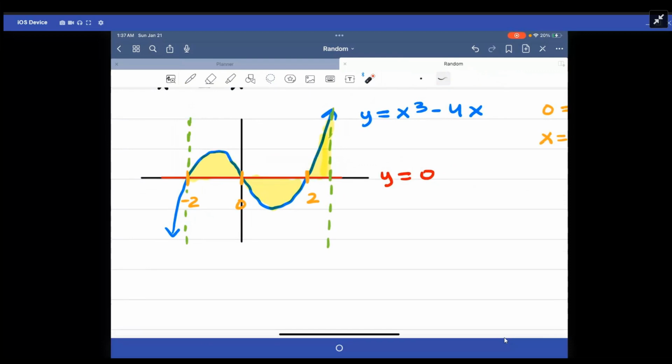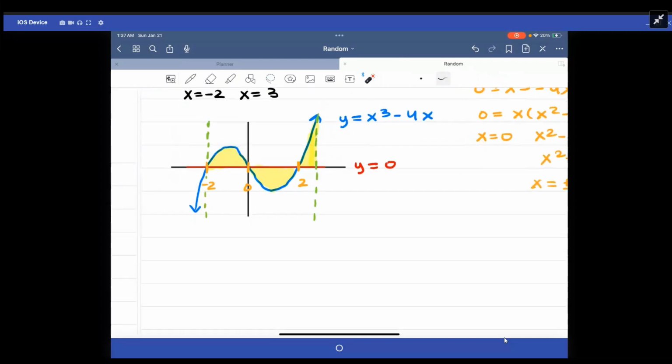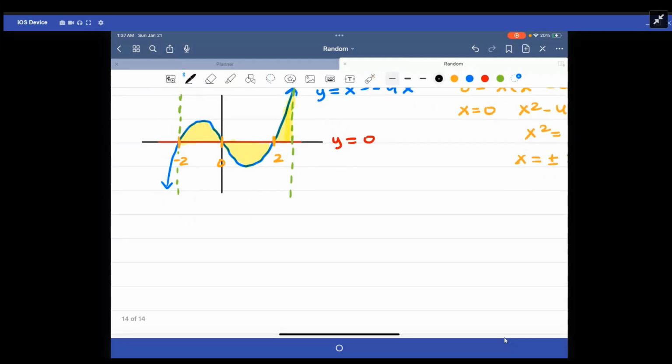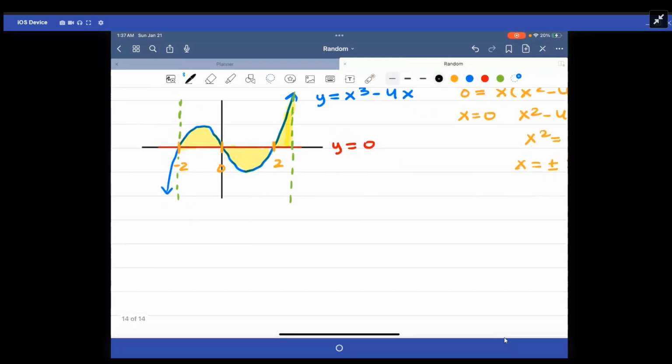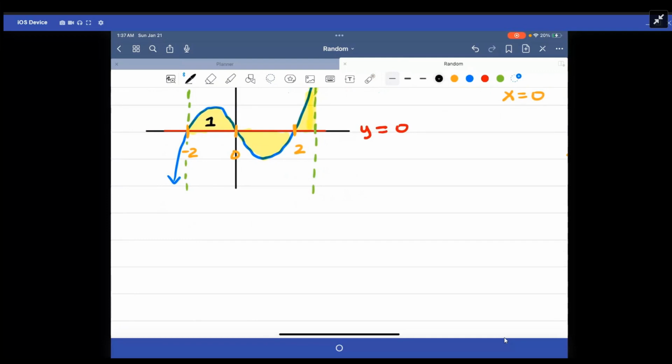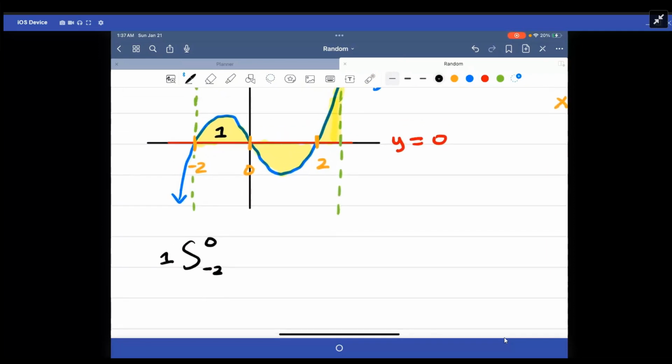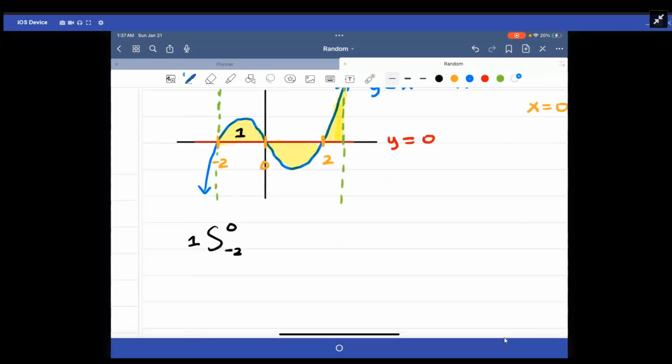So that's why we know that we're doing top minus bottom. If it was the other way around, right minus left, your changes would be in y, and it would be dy. And in that case, you would have to set the equations in terms of y. So let's do number 1. Number 1 is from -2 to 0 of the top equation, which is blue. So that's x cubed minus 4x.